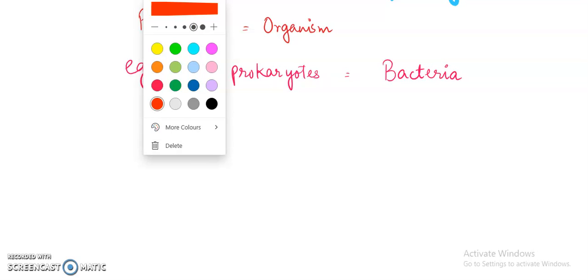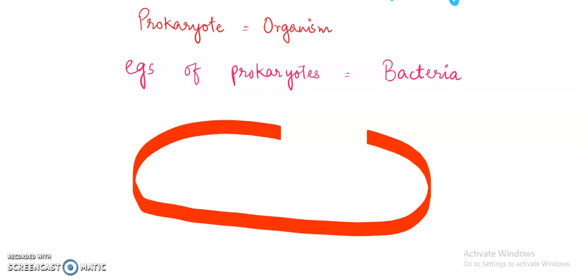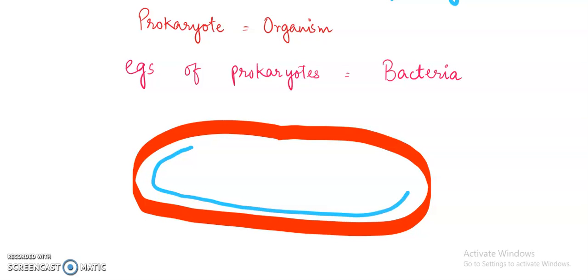So we are going to make the diagram of it. This is how bacteria looks. Bacteria also contains the cell wall, but its cell wall is not made up of the cellulose as in the case of the plant cells, right?